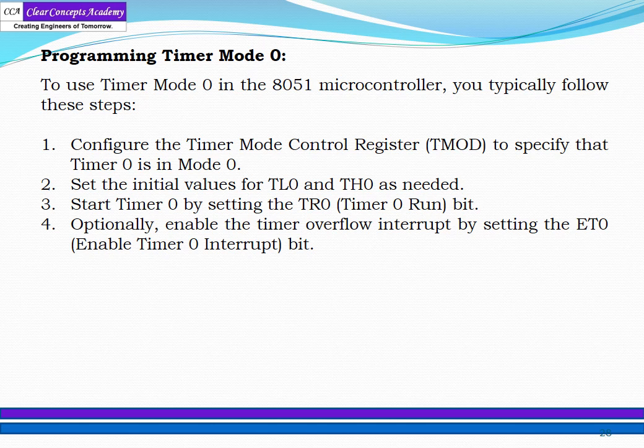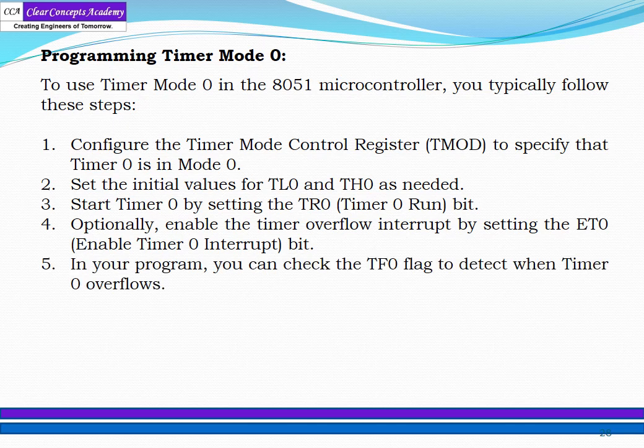Optionally, enable the timer overflow interrupt by setting ET0, the enable timer 0 interrupt bit. This can be done as an option; we will study it in detail when we learn interrupts.